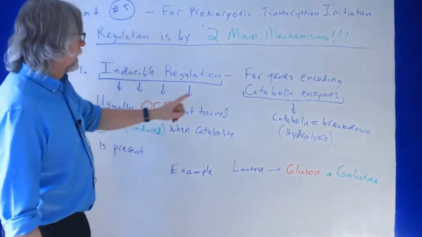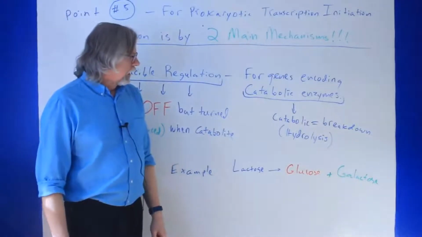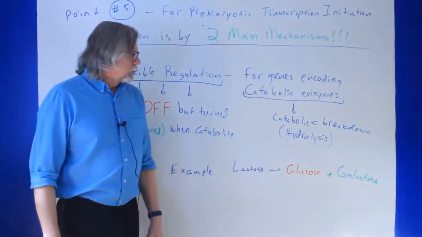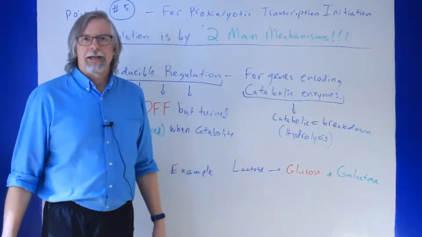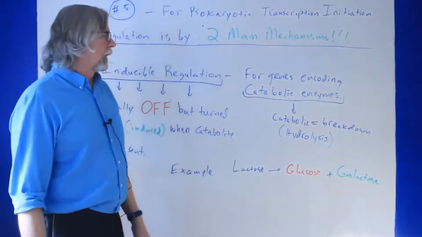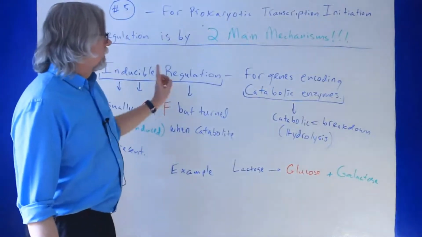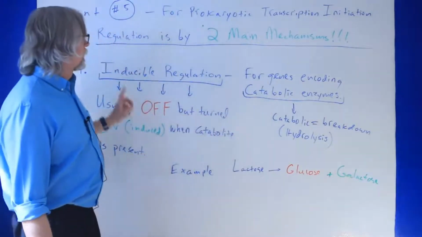So an example of that is in the bacterium E. coli. When you drop E. coli into a solution or, let's say, water containing lactose, a disaccharide, the E. coli will produce a catabolic enzyme.